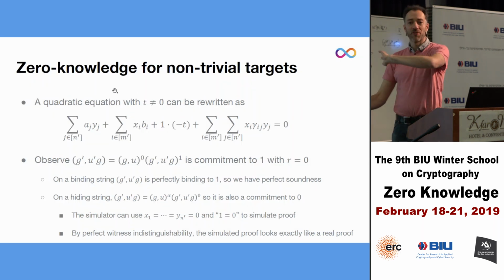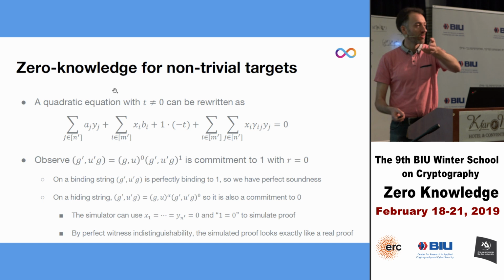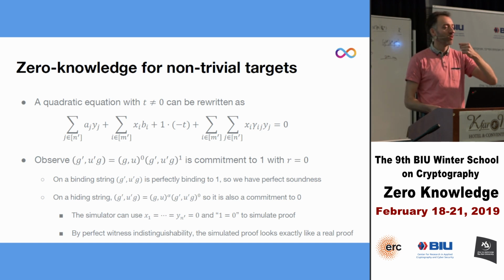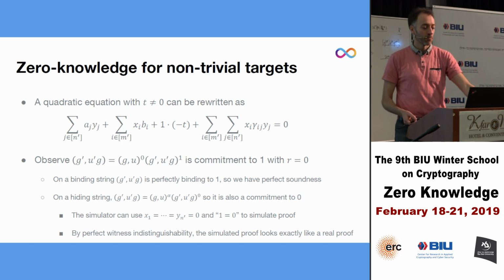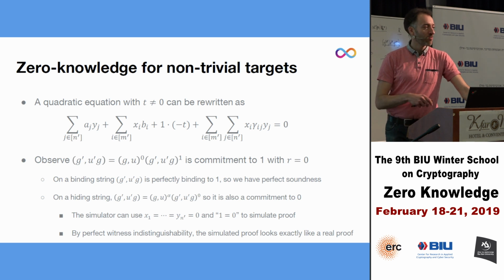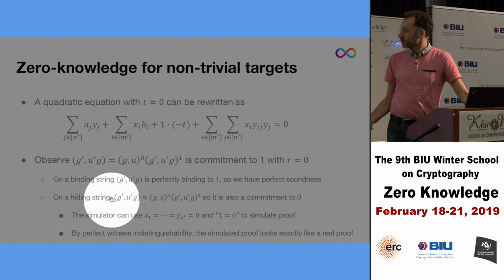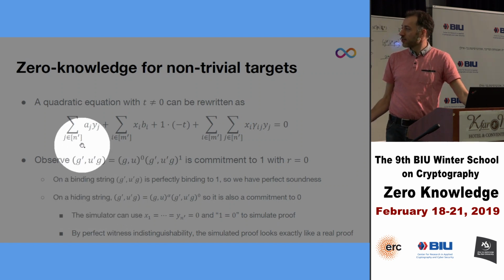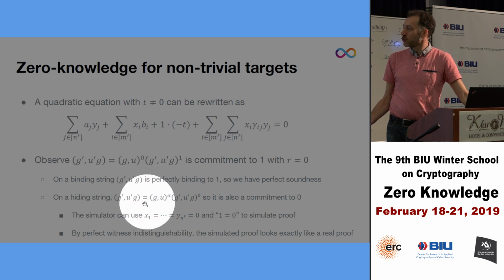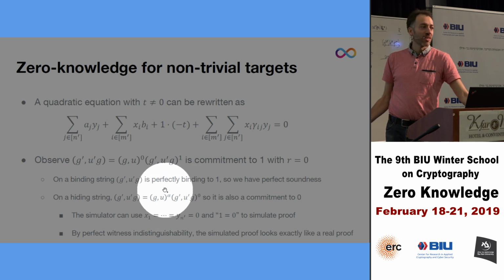Now we can plug everything in, it works, it gives us perfect completeness, and it gives us perfect soundness when we're on a binding string. What happens on a hiding string? Well, in a hiding string, it turns out that this commitment here still holds, but you can also write it as G comma U to this secret alpha.